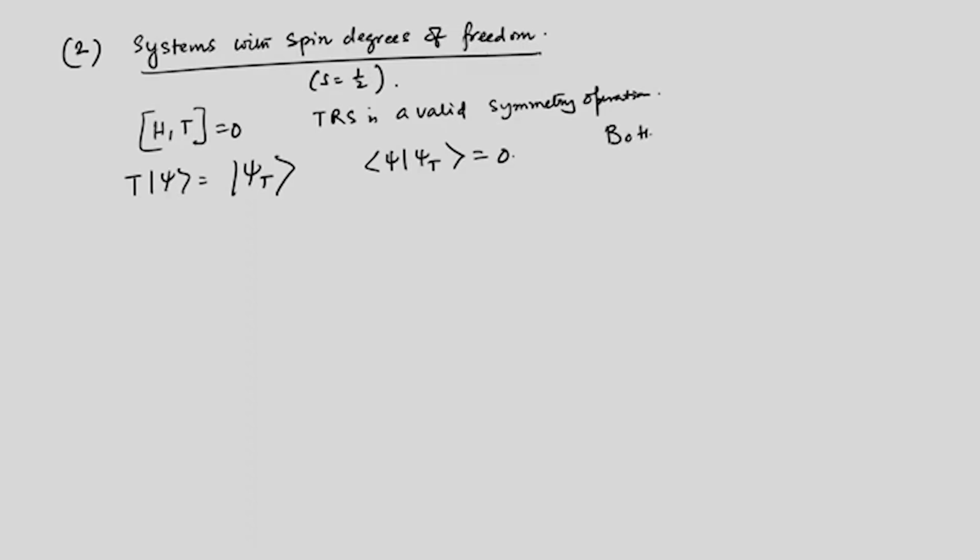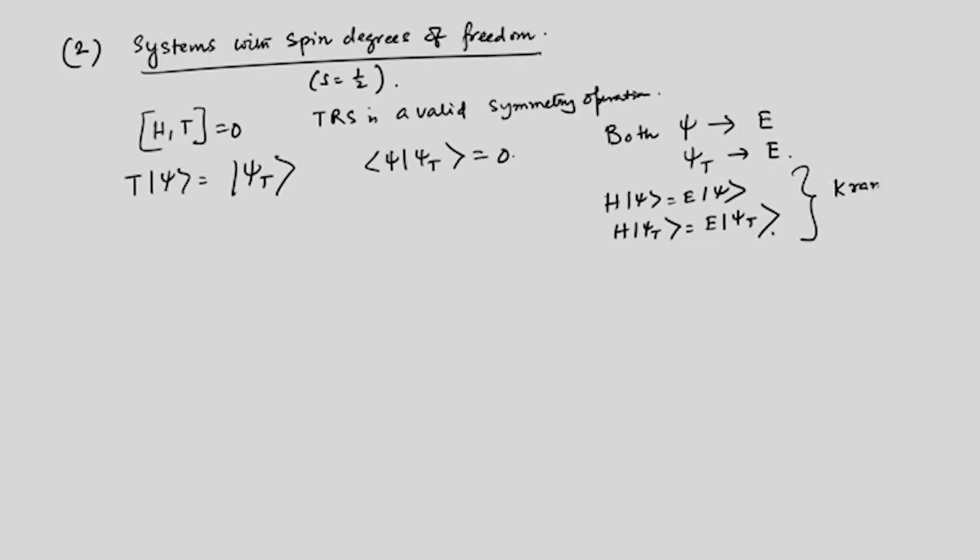Both have eigenvalues, that is E as the eigenvalue, and psi T also has E as the eigenvalue. What it means is that H acting on psi will give you E psi, and H acting on psi T gives you E psi T. I am telling you all the results a priori, and this is nothing but what is called Kramers degeneracy.